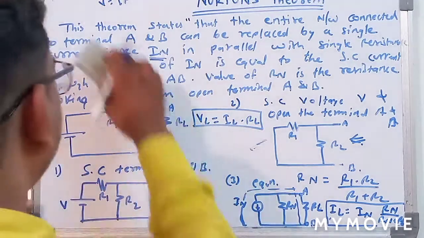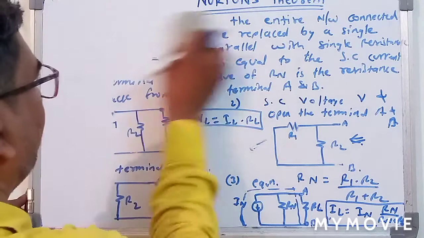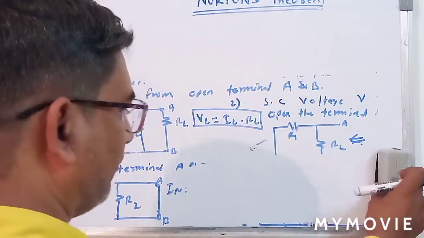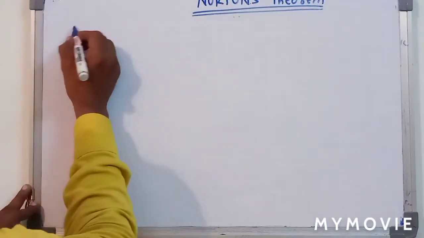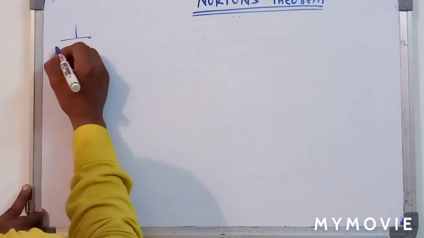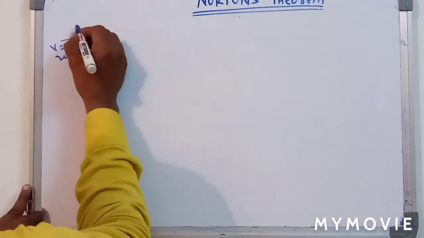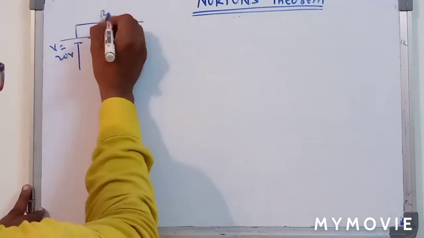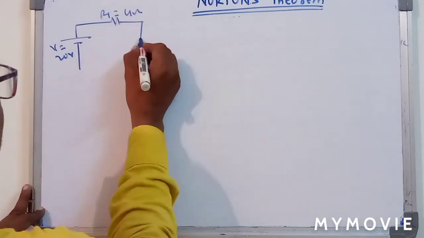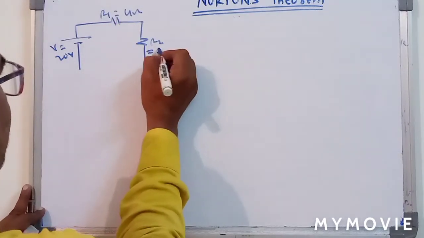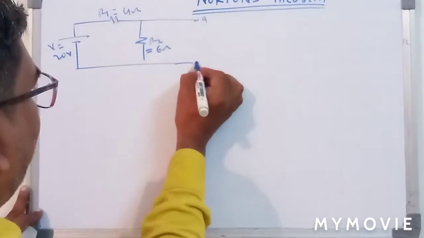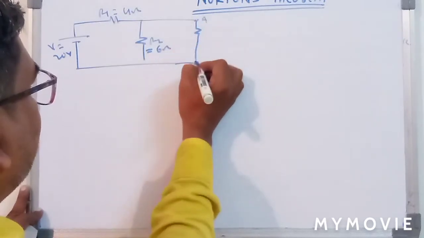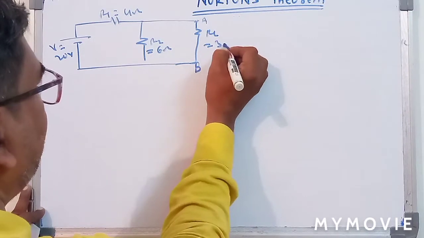We will take one problem. Consider the problem like this: voltage V is equal to 20 volts, the resistance R1 is equal to 4 ohms, the next resistance R2 is equal to 6 ohms, and the load resistance attached at terminals A and B, RL, is equal to 3 ohms.